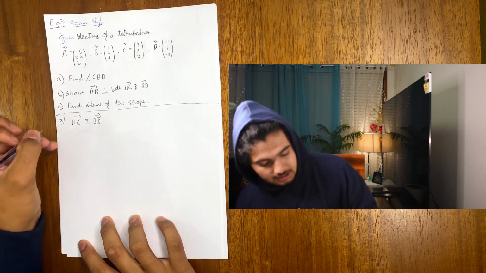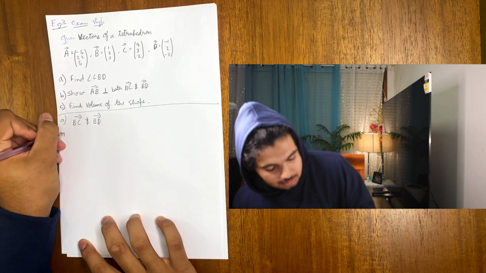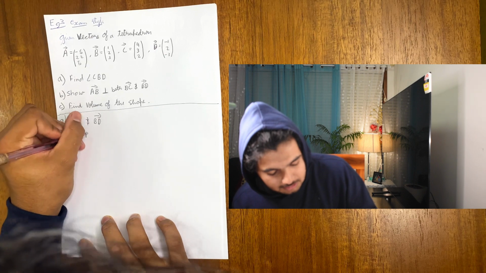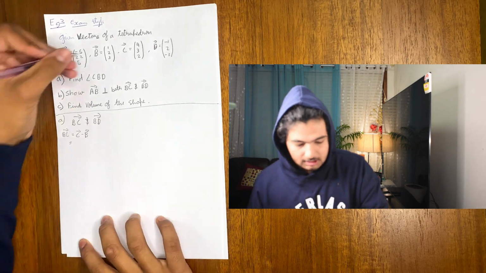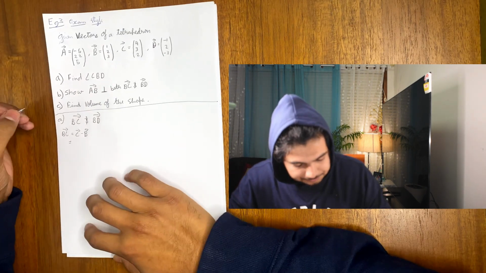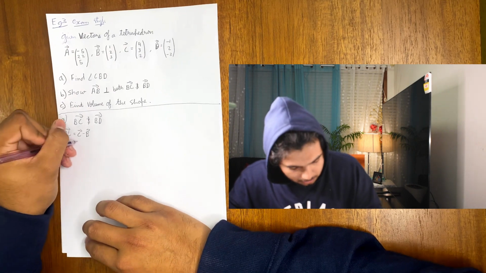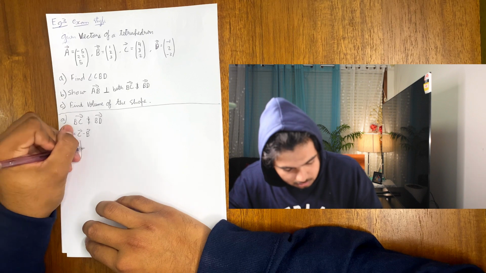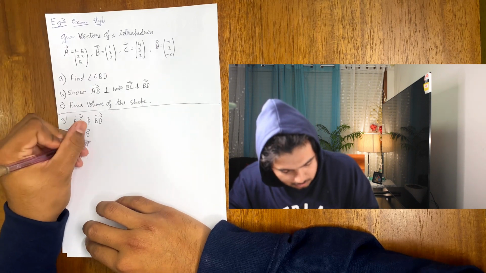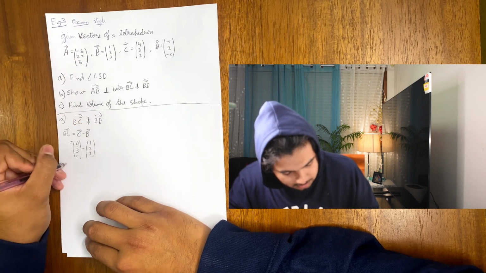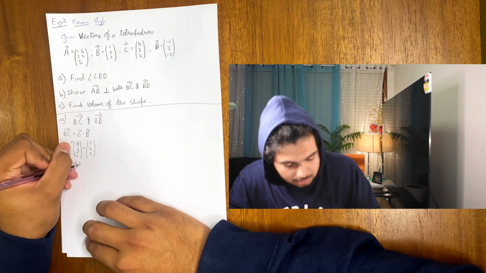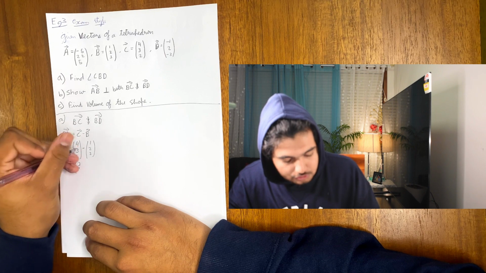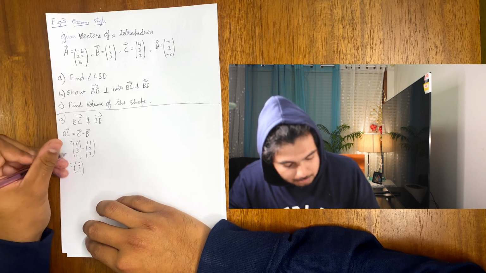First step, vector BC equals vector C minus vector B. C in this case is 4, 3, 2 minus B, 1, 2, 3. This gives me 4 minus 1 is 3, 3 minus 2 is 1, 2 minus 3 is negative 1. That is what BC gives me.